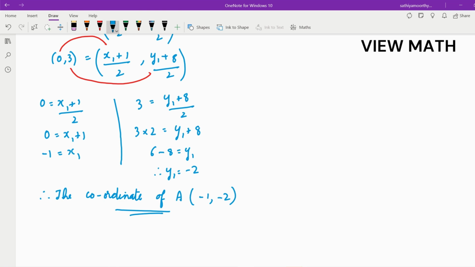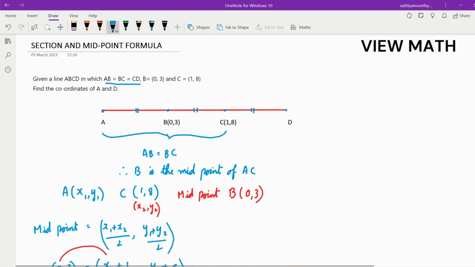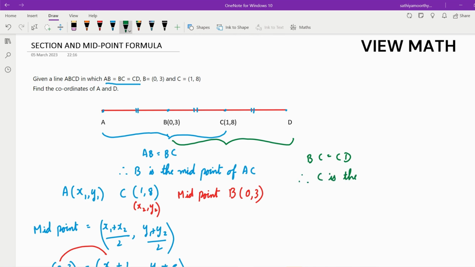Now let me find out the coordinate of D. Now I'm going to consider this part. The other part I'm going to consider is B, C, D. In this, it is given that BC is equal to CD, that means C is the midpoint of BD.